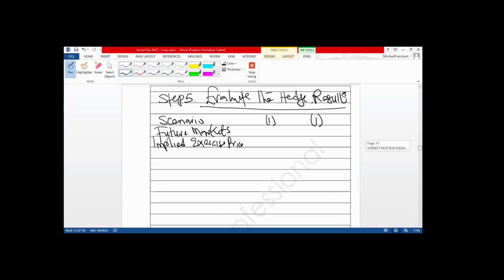Implied exercise price, or we can call it interest.